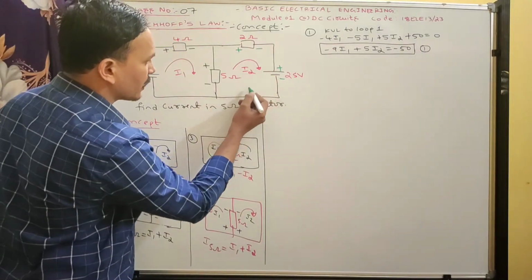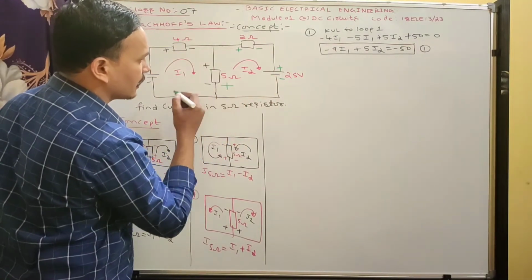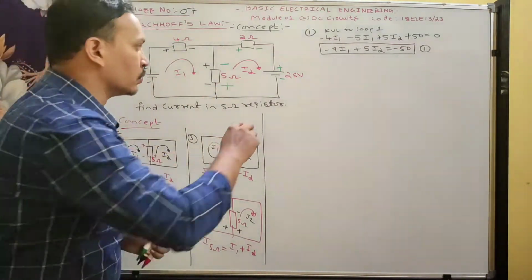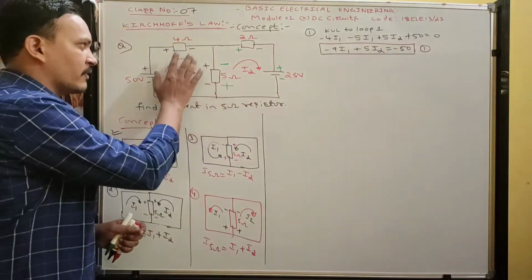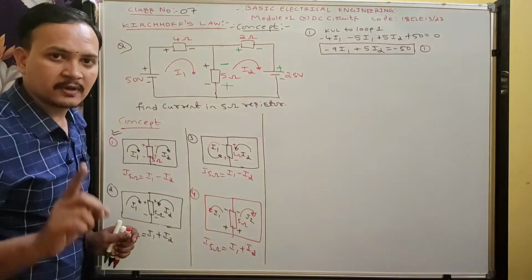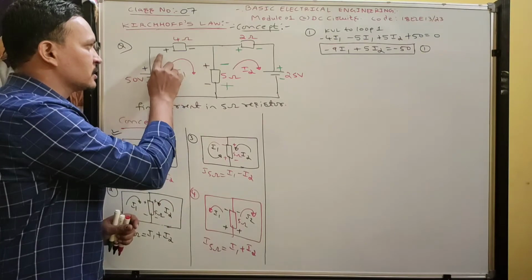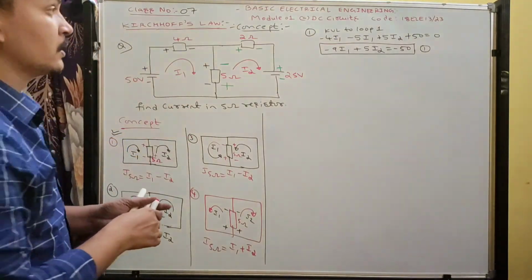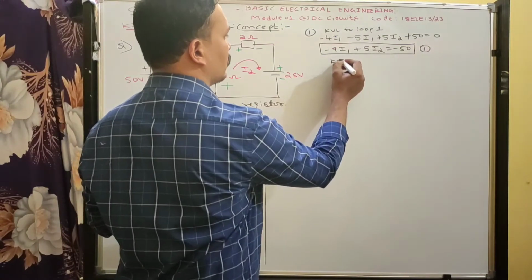Next again, I2 current, mark current entering the resistor plus, leaves minus. Now you stick to only loop 2 polarities. Forget about loop 1. Think only loop 2. And always write polarities, sign convention, inside the loop. Now I am applying KVL to loop 2.